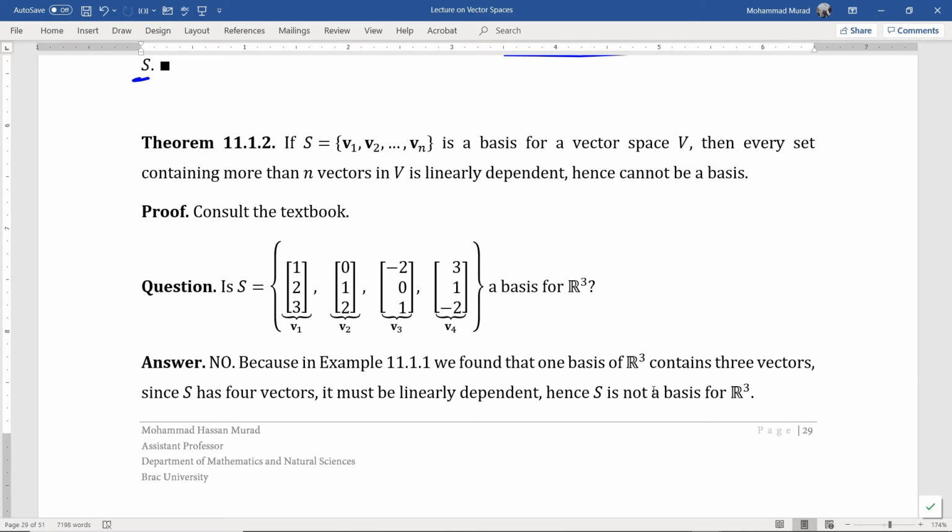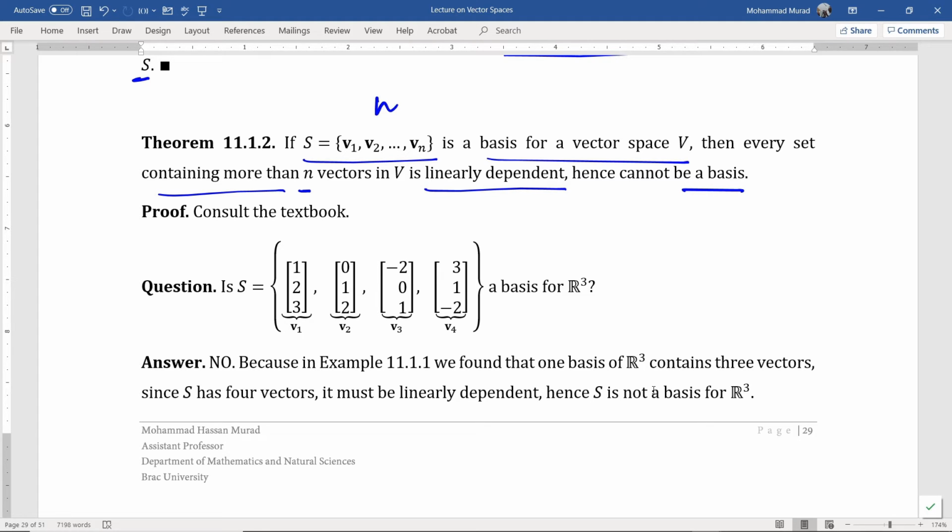Theorem: if S is a set of n vectors, and if S is a basis for a vector space V, then every set containing more than n vectors in V is linearly dependent, hence cannot be a basis.